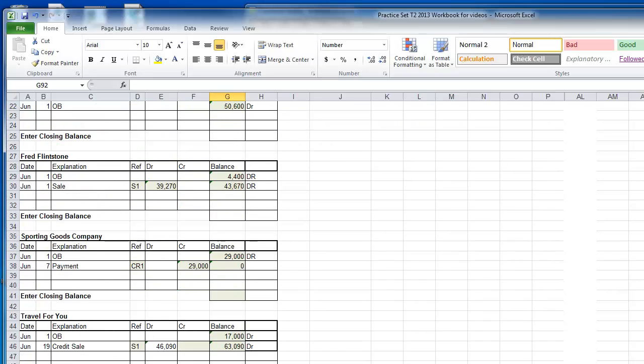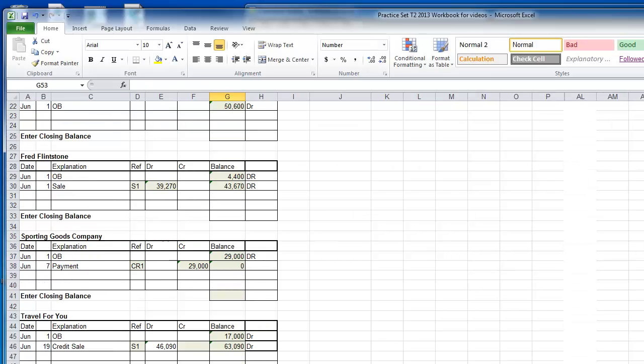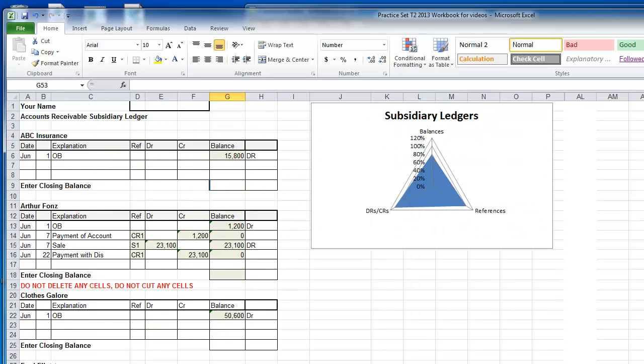Accounts receivable, subsidiary ledger, as per general ledger. So general ledger 173, 160, so we can now check that. And I'll just stop this while I put the totals in.